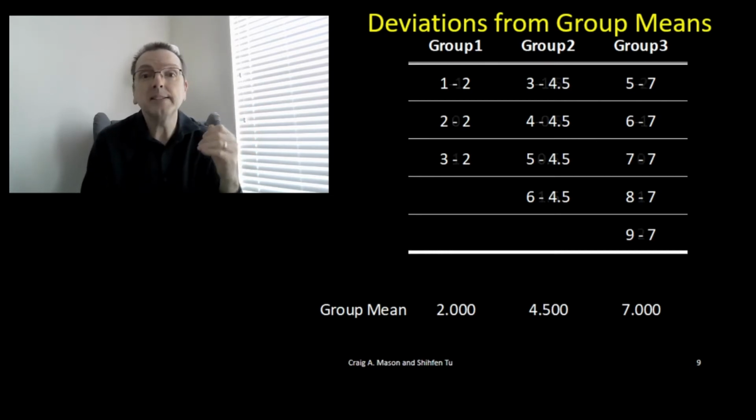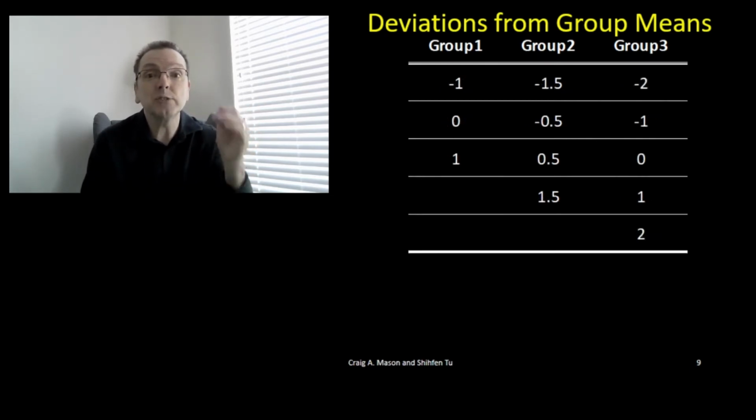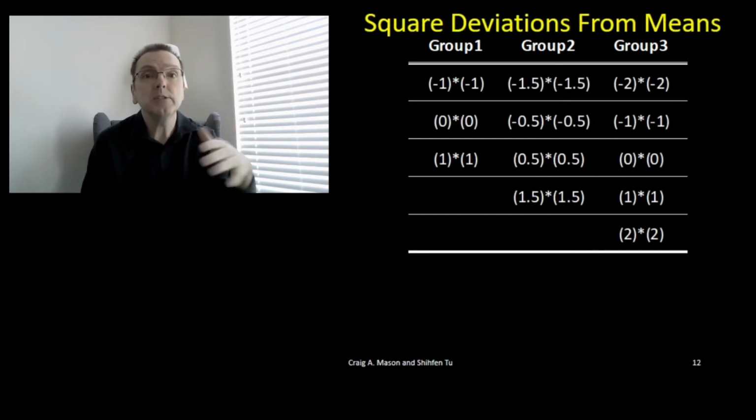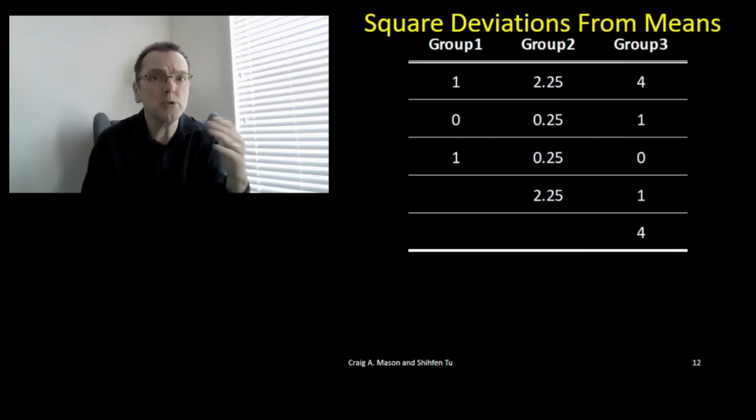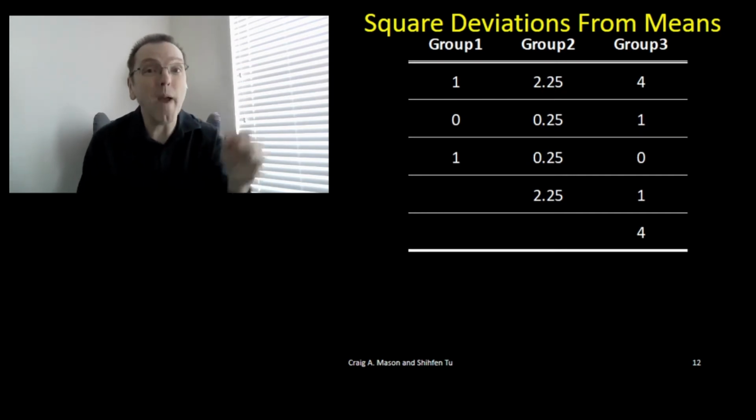If we do that, this gives us the deviations from the group mean. Now, our next step is to square each of these deviations in order to calculate the squared deviations from each group mean.